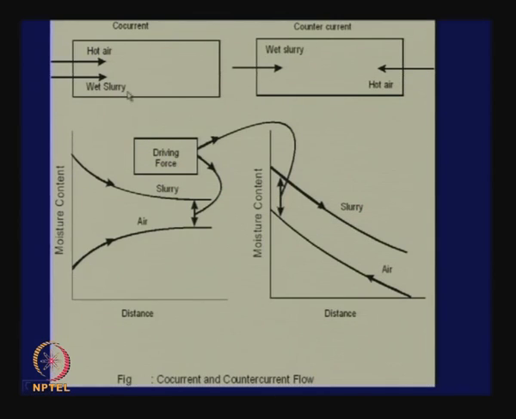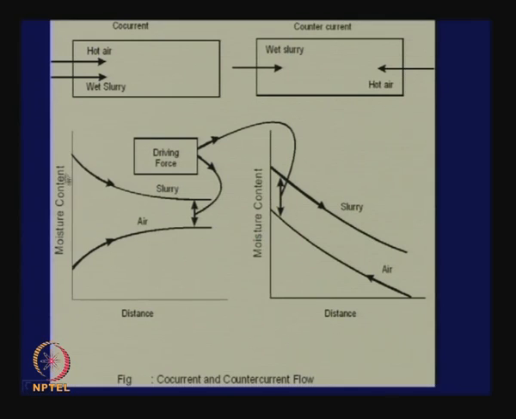Suppose you have a wet slurry and you want to dry it by hot air. You can send them through a chamber and they can run parallel to each other. Wet slurry is flowing, hot air is also going on top of it. Or we can have a counter current system, where you have wet slurry going this way, and hot air is coming on top of that from the other direction.